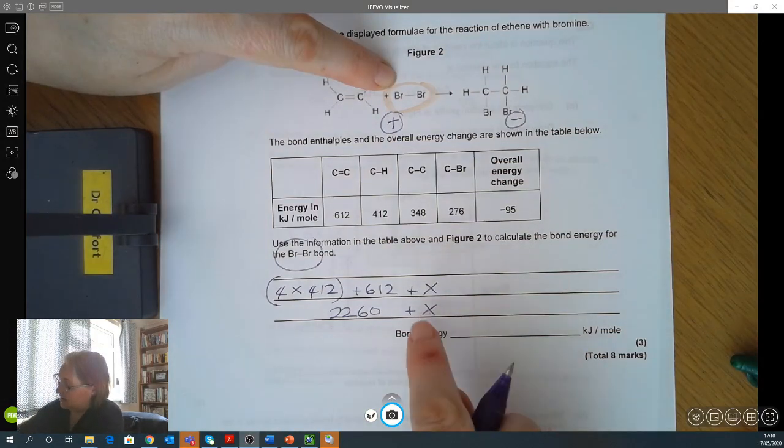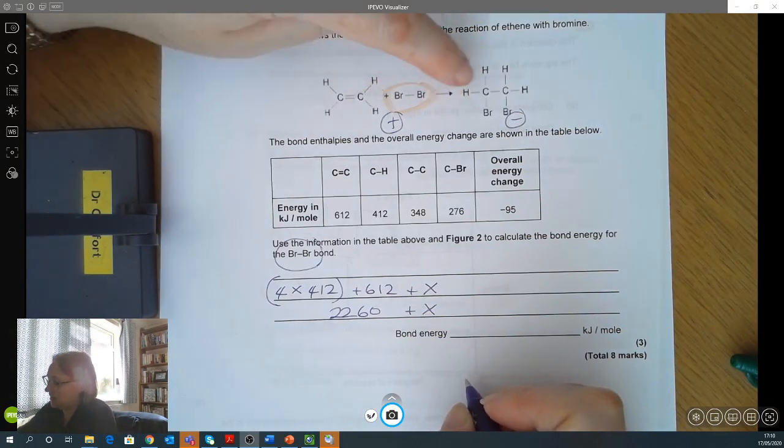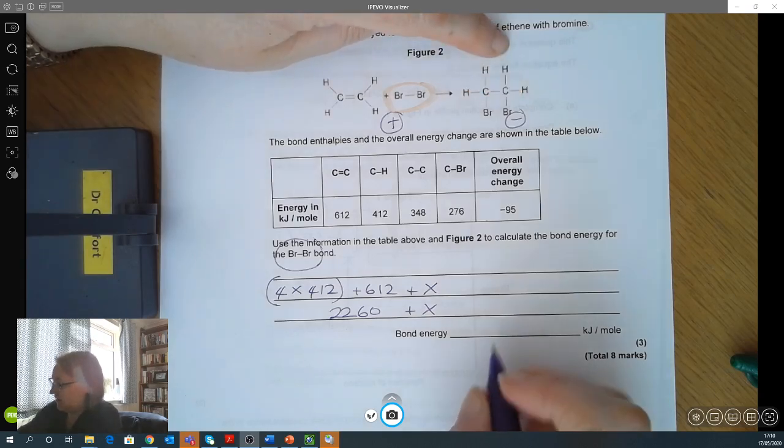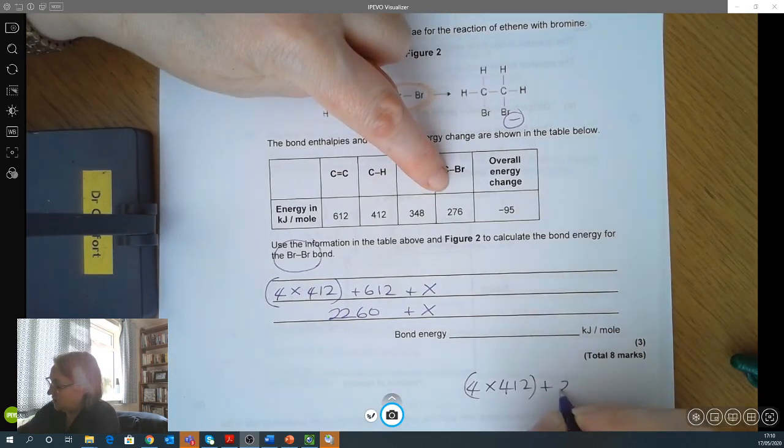I then need to find out on the other side how much energy is released when all these bonds are made. So I've got 1, 2, 3, 4 C-H bonds, so 4 times 412 on this side. I've got 2 C-Br bonds, so 2 times 276. Oh, I keep forgetting to put my minuses in, don't I?